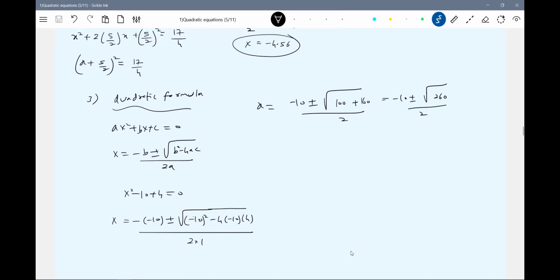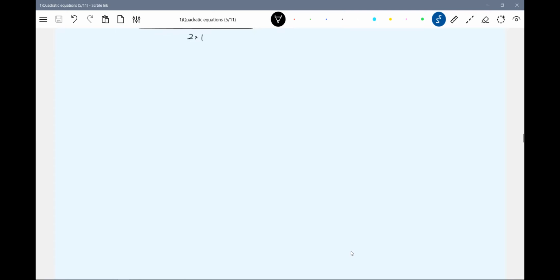If you know the roots, how to predict the quadratic equation. This will be the last topic: deriving quadratic equations from roots.